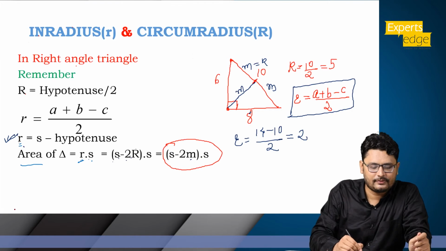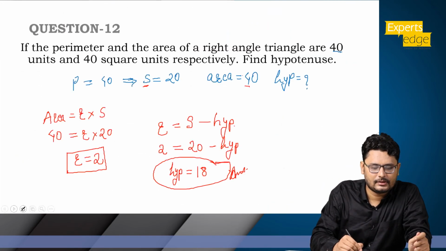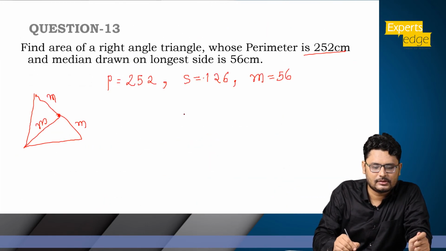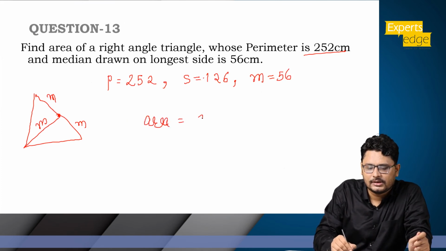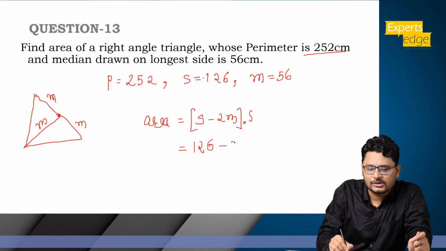So if I see here, what will be the area? Area is semi perimeter minus twice of median into semi perimeter. So what is the semi perimeter? 126 minus 2 into 56 into semi perimeter, which is 126.